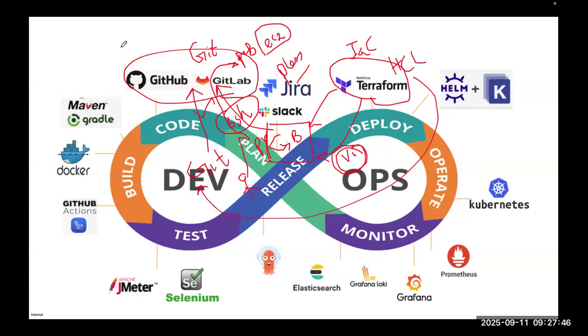How many tools are there here? One is Terraform. Two is Git. Third tool is Git Bash, and Git Bash is connected with VI. So Git Bash and VI together are 3 tools.